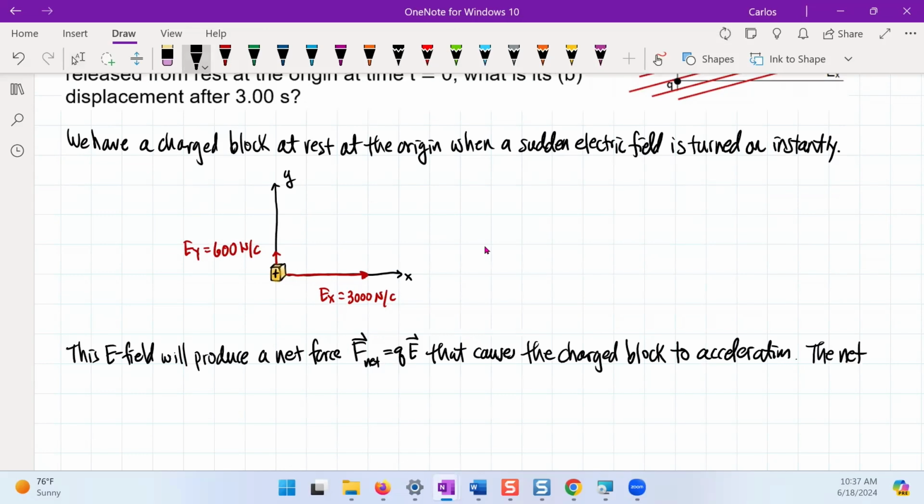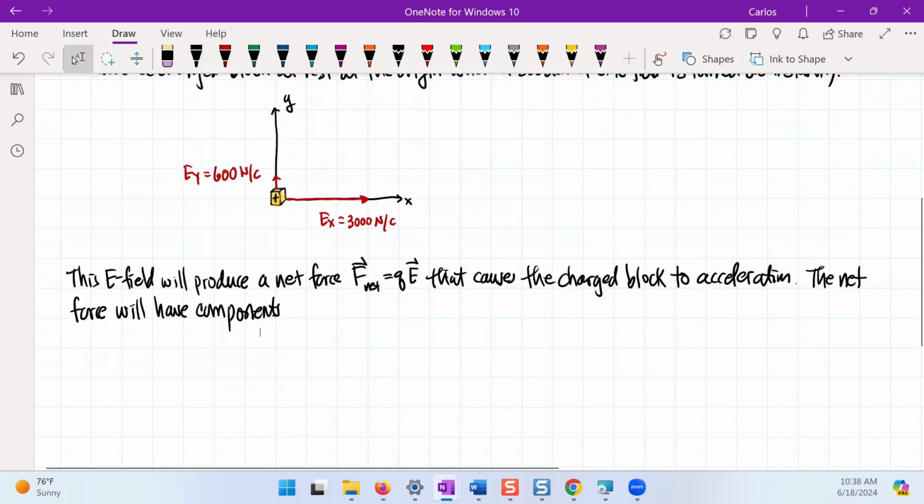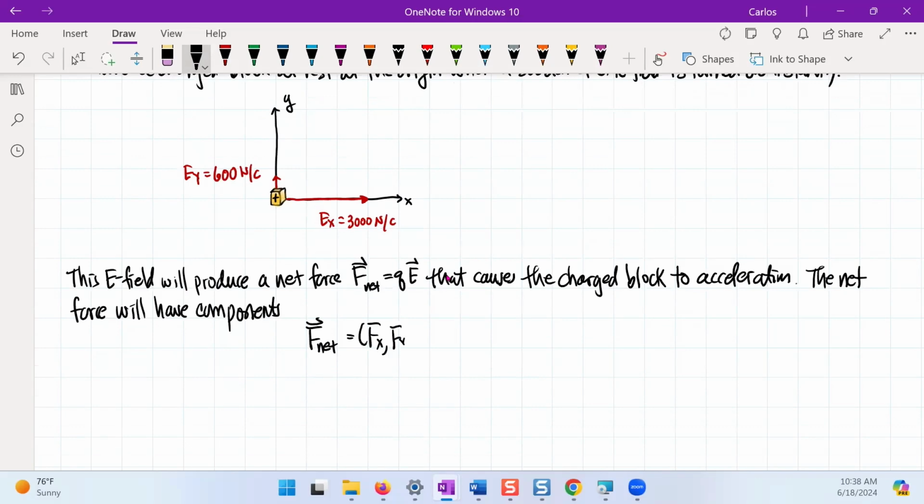The net force will have components x, components y, with each of these having been multiplied by the charge.